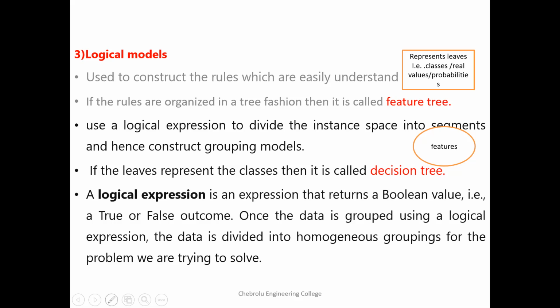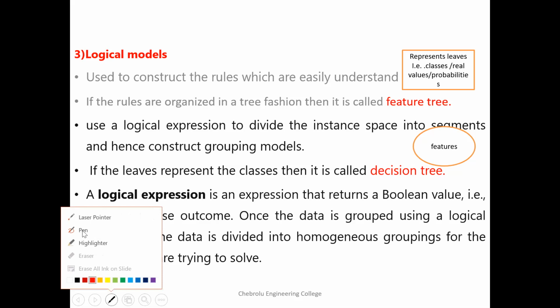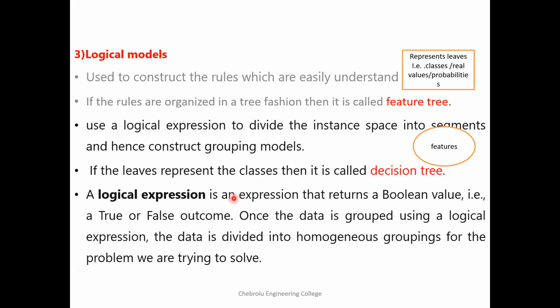A logical expression is an expression that returns a Boolean value, that is always a true or false outcome. Once the data is grouped using a logical expression, the data is divided into homogeneous groupings for the problem we are trying to solve.